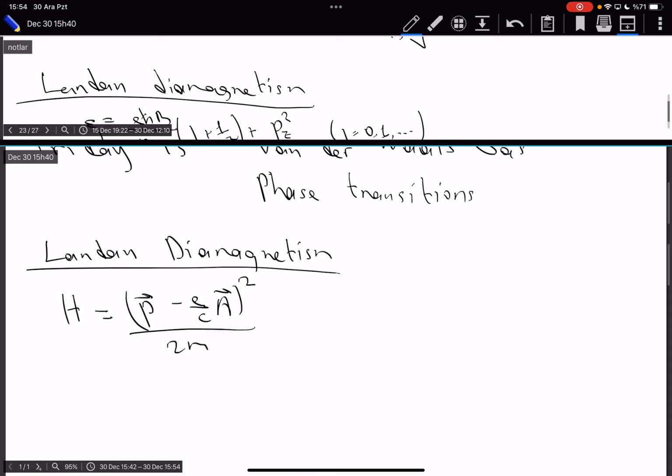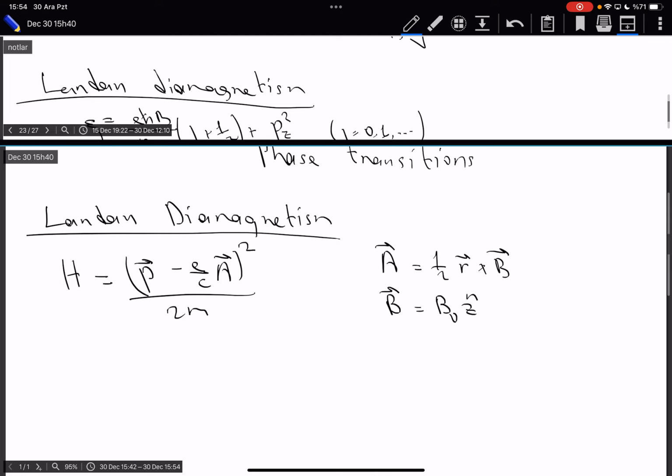This time I'm just ignoring the spin degrees of freedom, just looking at the motion of the electrons. And you can choose A to be 1/2 r cross B, with B being B0 in the z hat direction.